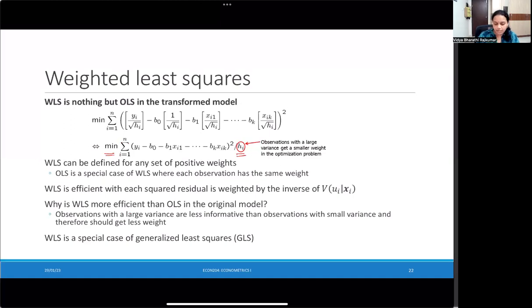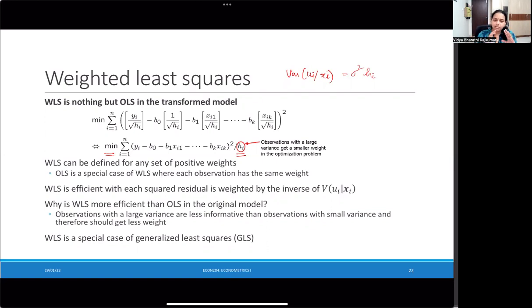So if we write the variance of u_i given x_i to be sigma squared times h_i, the larger the h value, the larger the variance will be. So if there is a particular term for which the variance is really large, then if I weight that large squared deviation by h_i, the denominator is also going to be a large number.